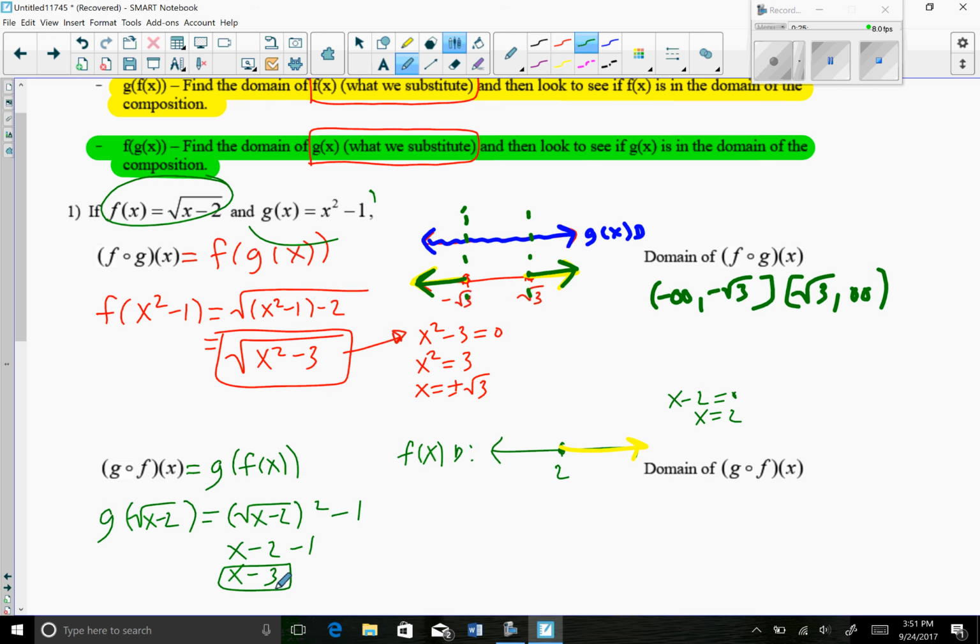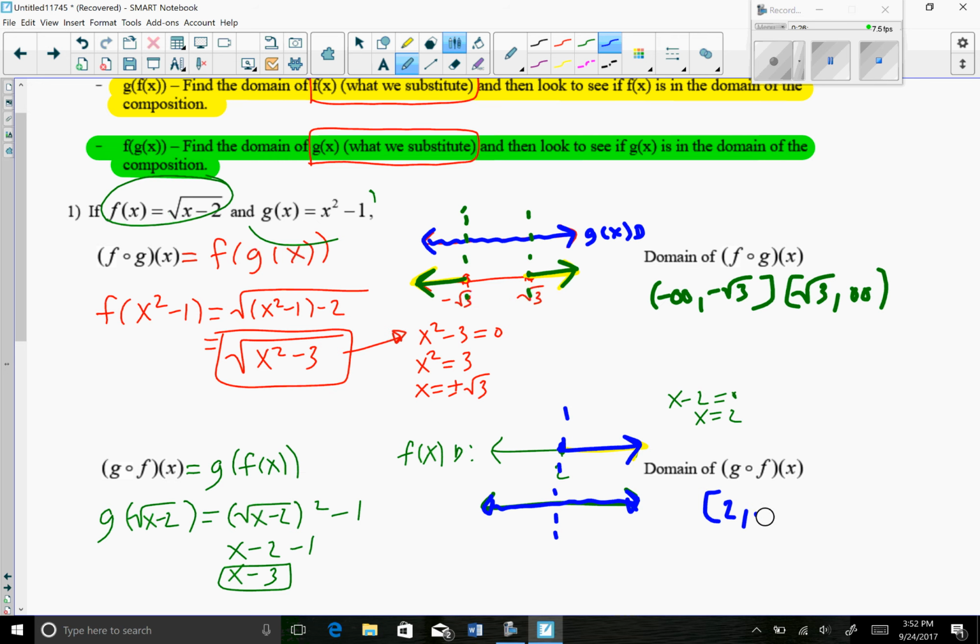Then if I look at the domain of my composition answer, that right here is a linear function, and the domain of that would be all real numbers, so this whole line is highlighted for that second one. So where did the two overlap? Notice that they overlap starting at 2 to infinity. So my domain of the entire composition would be bracket 2 to infinity.